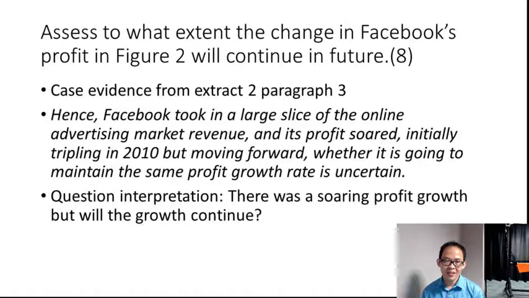It states that Facebook took in a large slice of the online advertising market revenue and its profits soared, initially tripling in 2010. But moving forward, whether it's going to maintain the same profit growth rate is uncertain. So you can interpret the question as that there was soaring growth in profit in the past, but will this growth continue in the future?